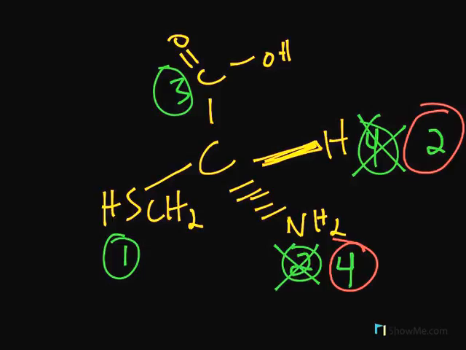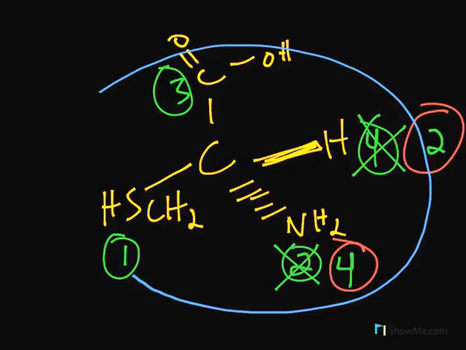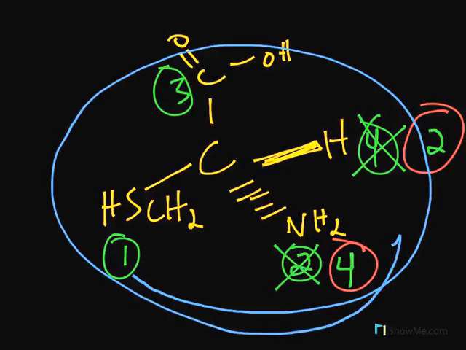So now let's go ahead. I'm going to choose a different color here. I'm going to choose blue, and now I'm going to assign R and S. And so again, as you all know, we have to go... So what would this be right here? Which direction is the clock going? This is counterclockwise, right?